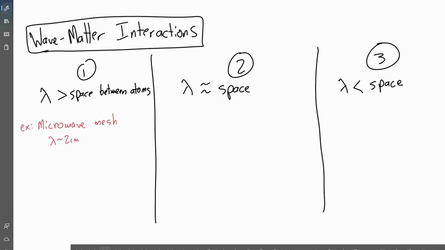And then the mesh is on the order of 3 millimeters, so 0.3 centimeters. The wave is bigger than the mesh, so the wave cannot pass. The wave cannot go through the matter.